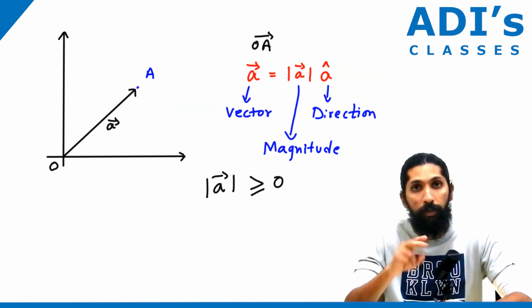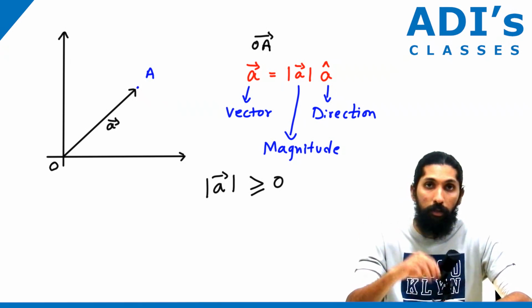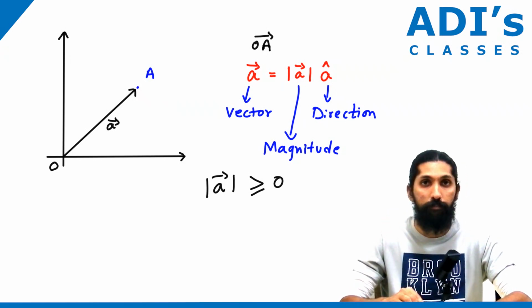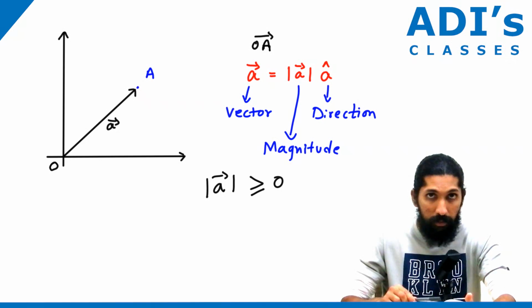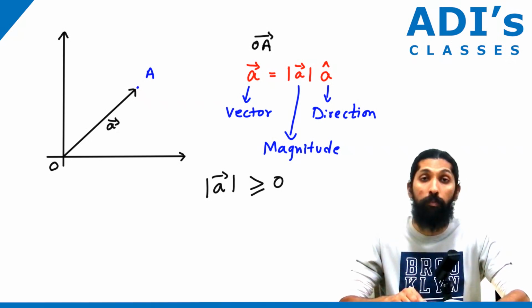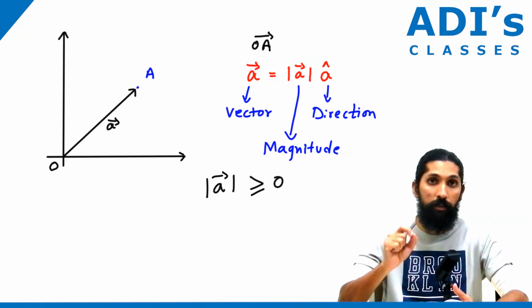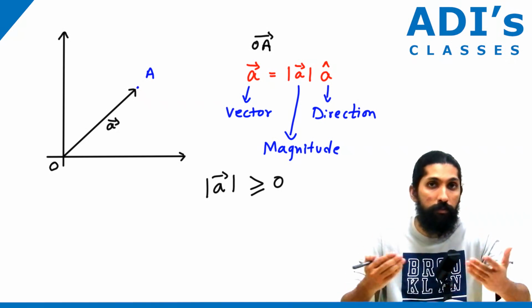These two are very, very important, correct? Now, where the point is situated, this is where direction comes into play. And what is the distance? That is basically the magnitude, or what we call the modulus. This is how we use vectors in math.